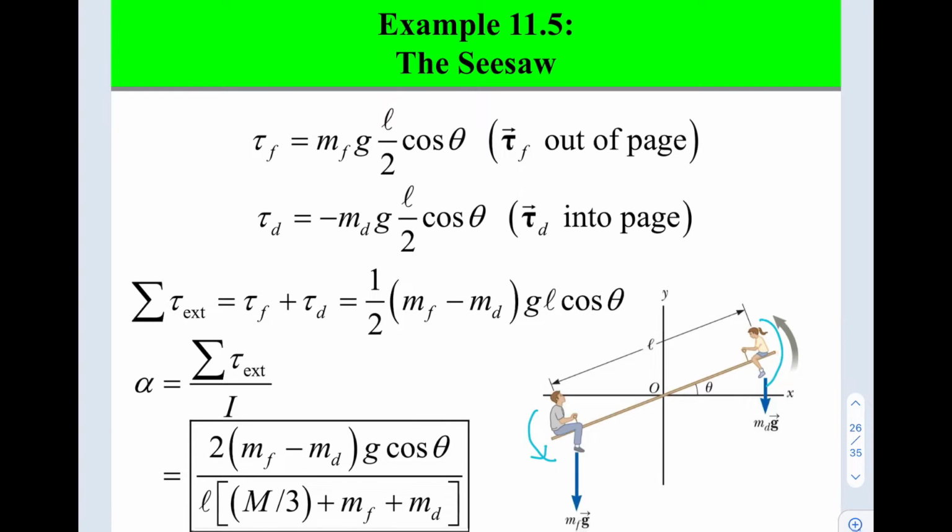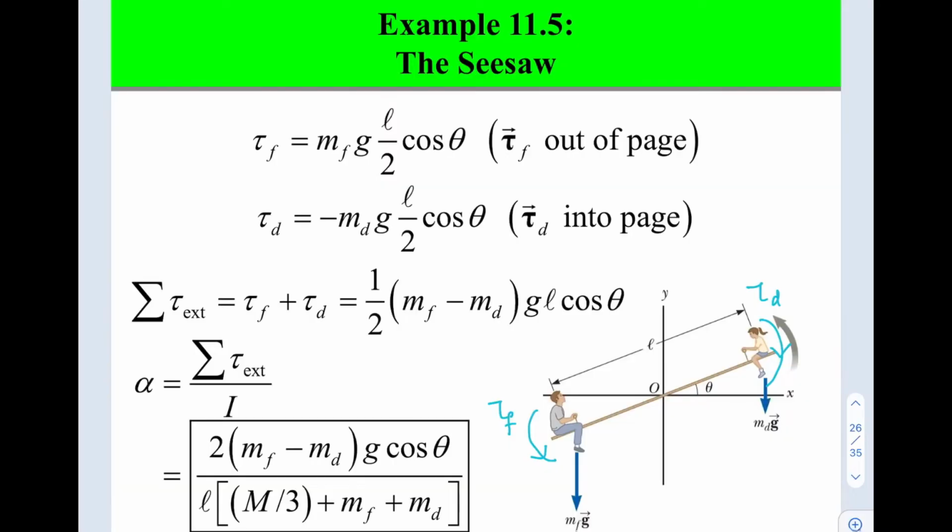For the daughter, due to the weight of the daughter, the rotation or torque produced due to the weight of the daughter in this direction, according to the direction given here, is clockwise. Or if you use the right hand rule, you will see your thumb is pointing into the page. So we will have negative m daughter g L over 2 cos theta.